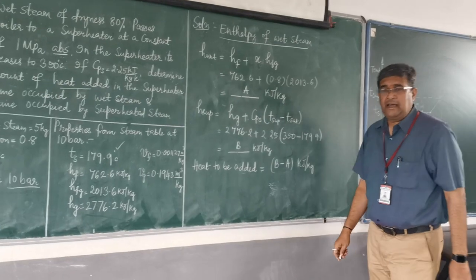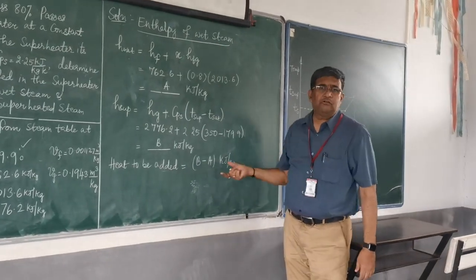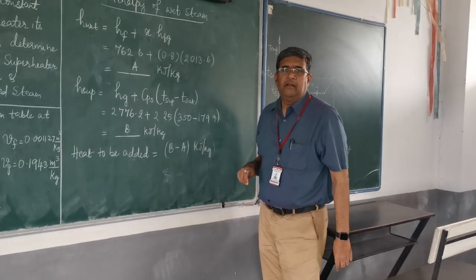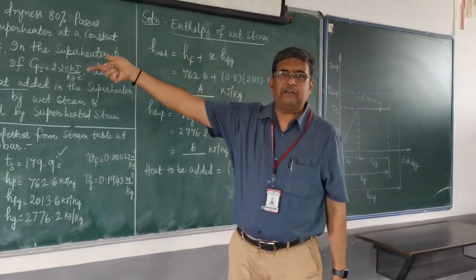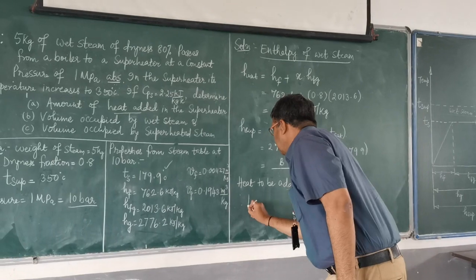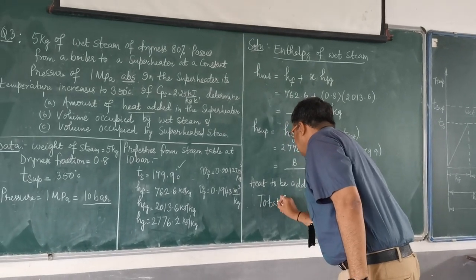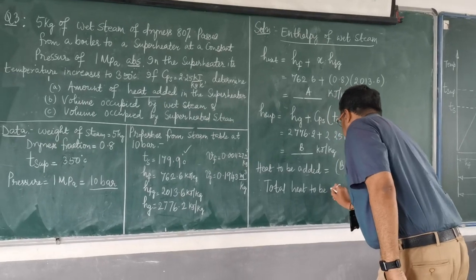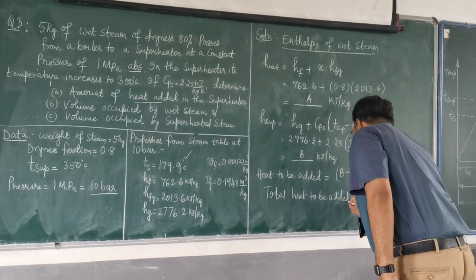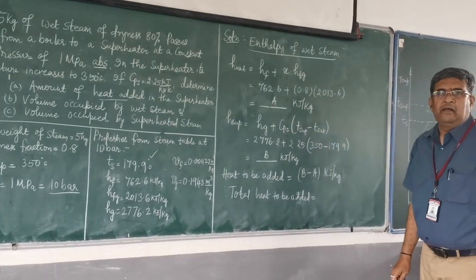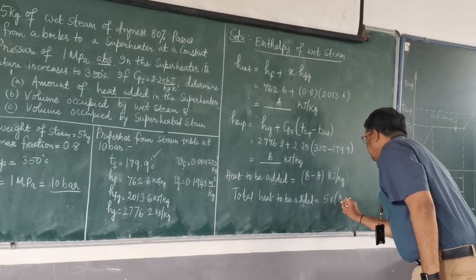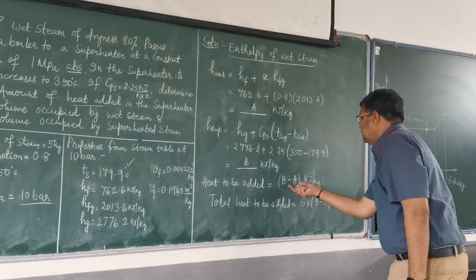That is the amount of heat to be added. But you can see that the units of all these values which we have found out are for 1 kg. So it is kilojoules per kg. But what is the total weight of steam? It is 5 kg. Therefore, total heat to be added will be given by 5 into B minus A, whatever this value is.